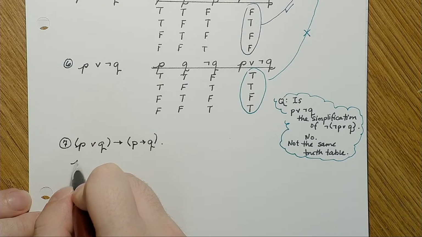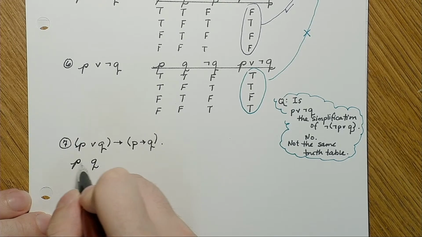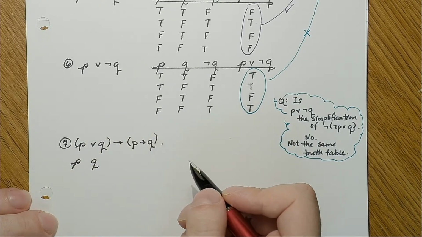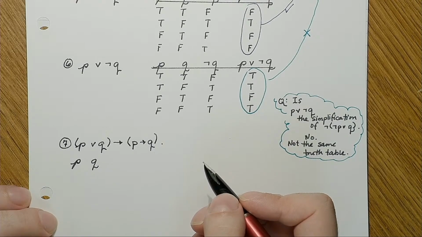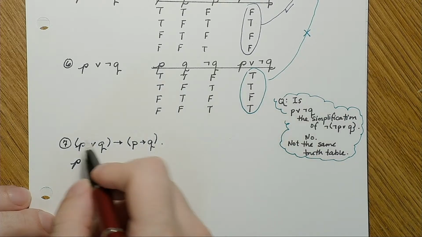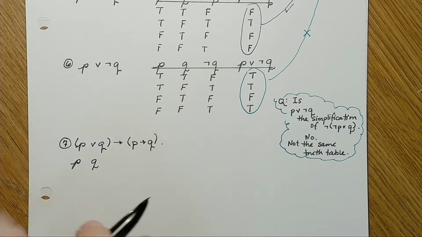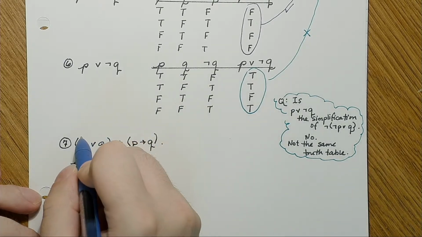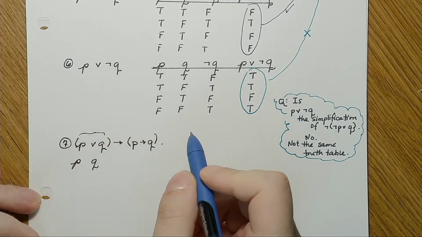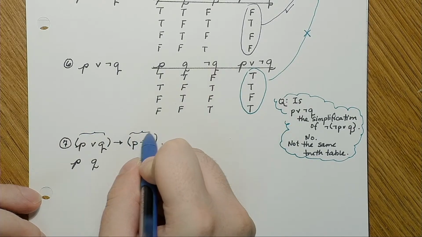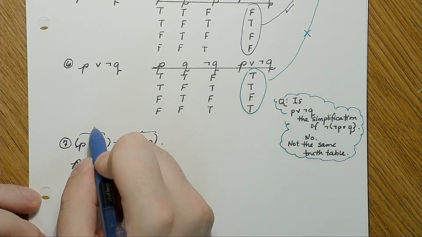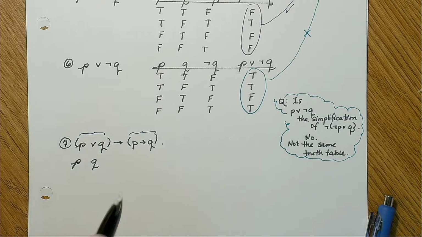What we'll do is we'll write out our prime propositions. We have P and Q. Well, I have two brackets here, so I'll look at the inside of this one and this one.